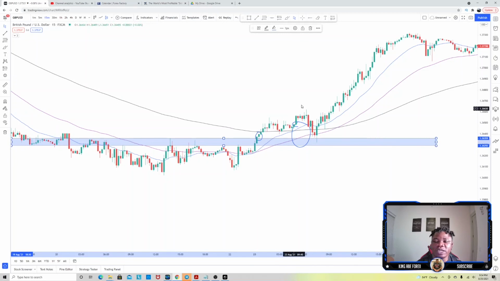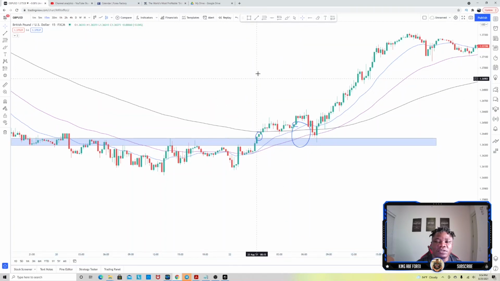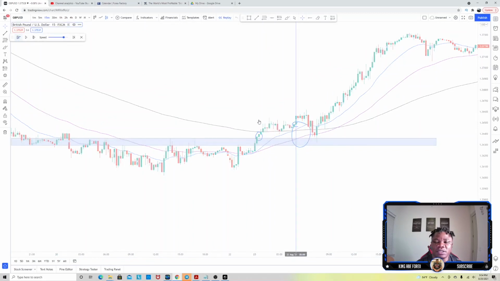Now all we're waiting for is price to get back towards the 21 EMA, and then we can get in our trade. So let me put this in replay mode, and you guys will actually see where our entry will be for this trade. Let's take a look and see.